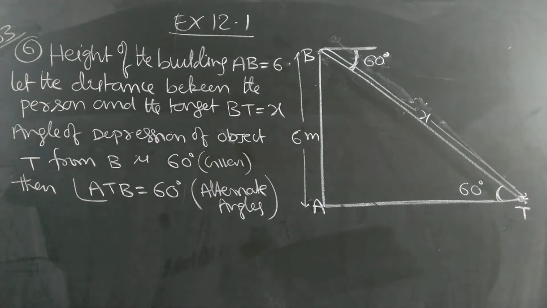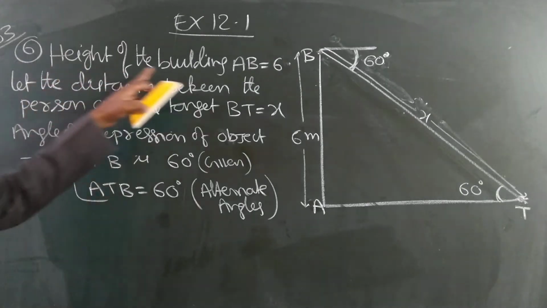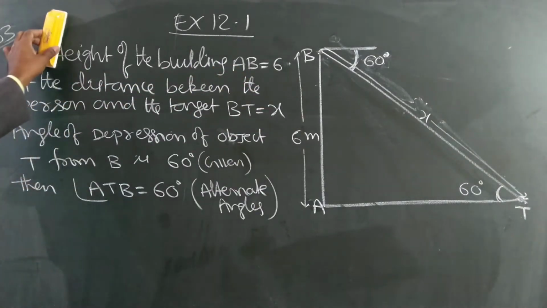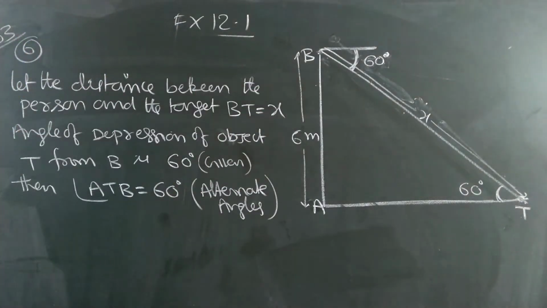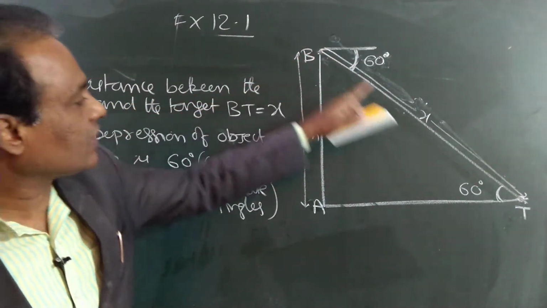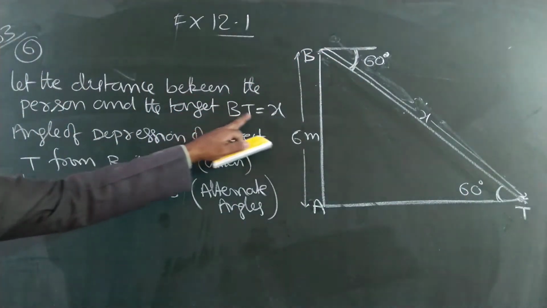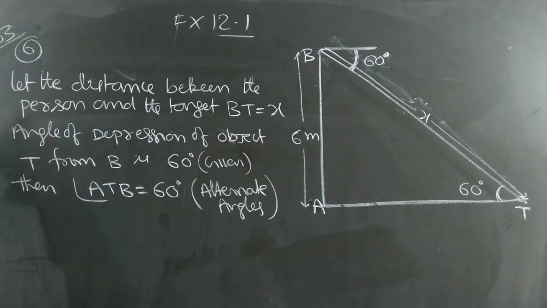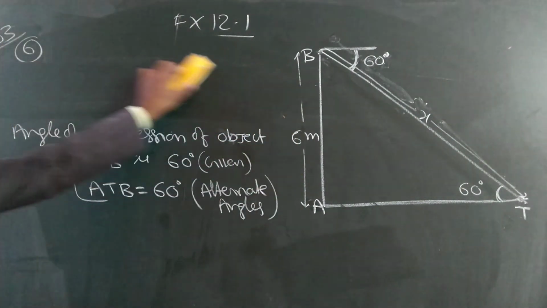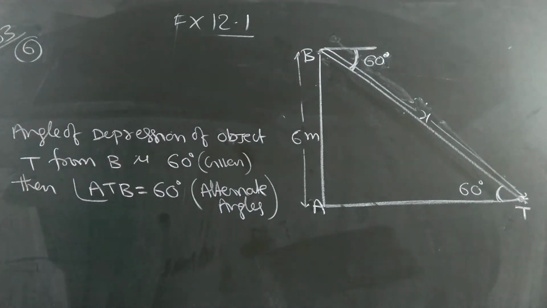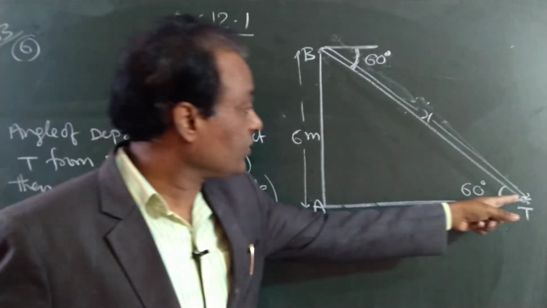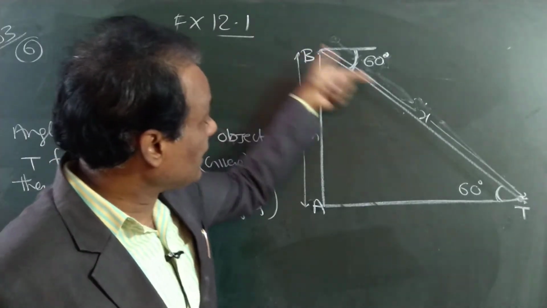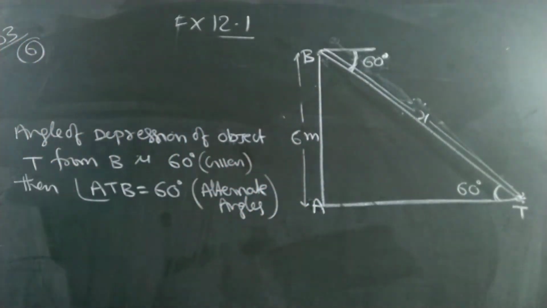Write down: height of the building AB is equal to 6 meters. Let the distance between the person and the target, BT, be equal to X. The angle of depression of the object T from B is 60 degrees, given.